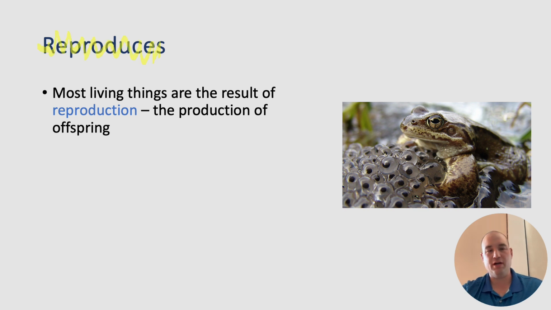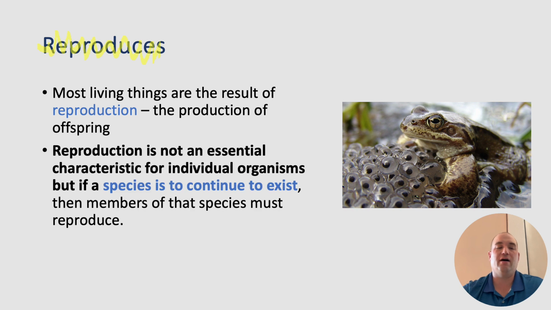Now, without reproduction, we don't have more of a species. Most things are the result of reproduction and the production of offspring. Reproduction is not an essential characteristic for individual organisms. For example, if an individual organism does not reproduce, it doesn't mean that it's not going to survive. It just means that the species is not going to continue to exist if all organisms don't reproduce.